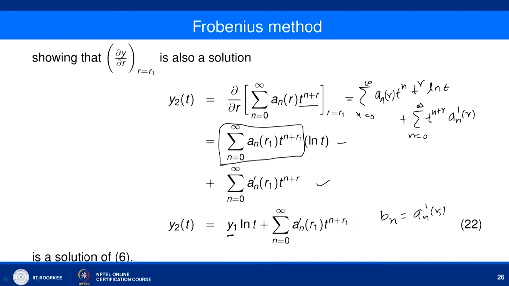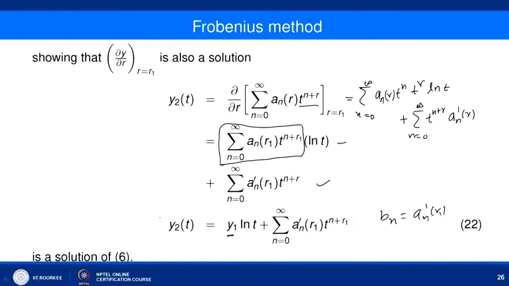So, it means that the second solution is given by y1 ln t plus summation n equal to 0 to infinity a n dash r1 t to the power n plus r, and we are able to get this because we have already discussed the similar case in the Cauchy-Euler equation.